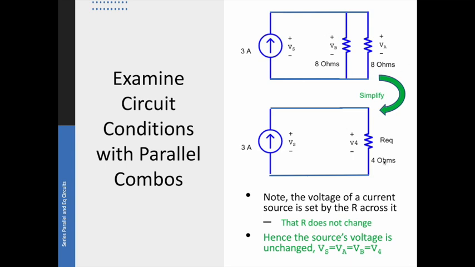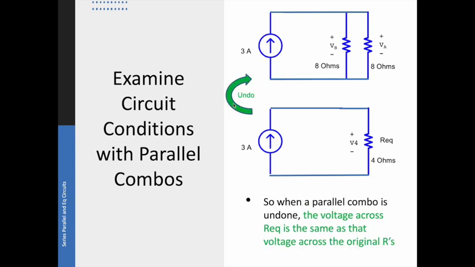Two 8s make a 4. Therefore, the total resistance seen by the source, the current source, in each case doesn't change. Hence, the source's voltage is unchanged. And this source voltage here and here is the same as A and B, and that's also the same as this other voltage, V4.